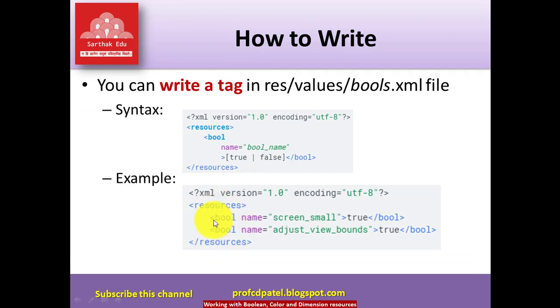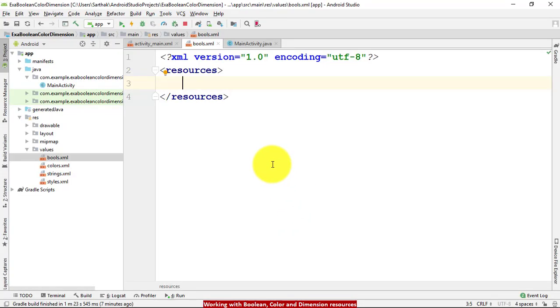Now we have to add a simple Boolean with a key name. So I am going to write a less than angular bracket and then type bool, then make a space, and it will ask for the name of the particular key.